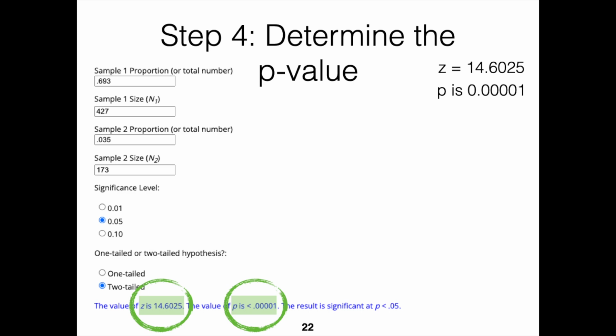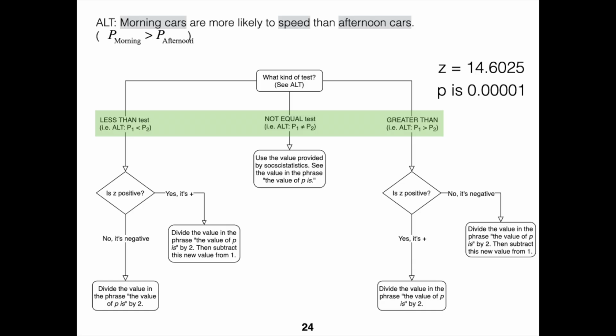Here I write down the z number, which in this case is 14.6025, and then I write down this p number, which in this case is 0.00001. I then go to the flow chart. When it comes to this flow chart, I need the z number, I need that p number, and I also need my alternative hypothesis.